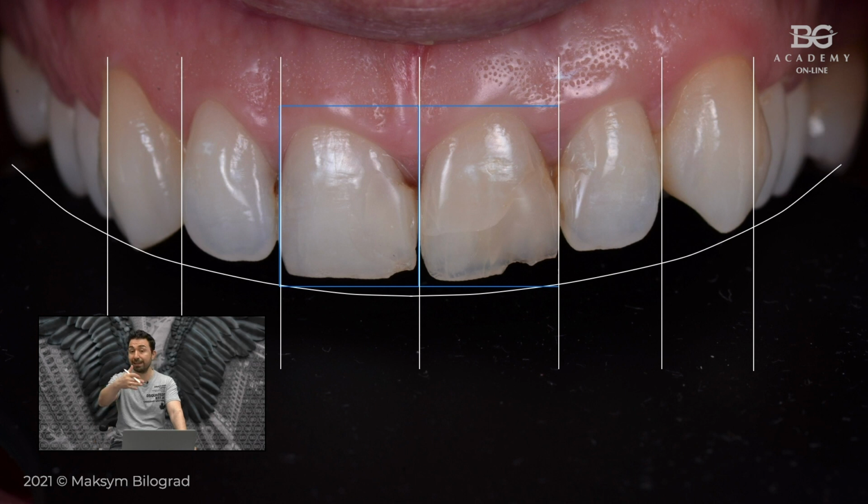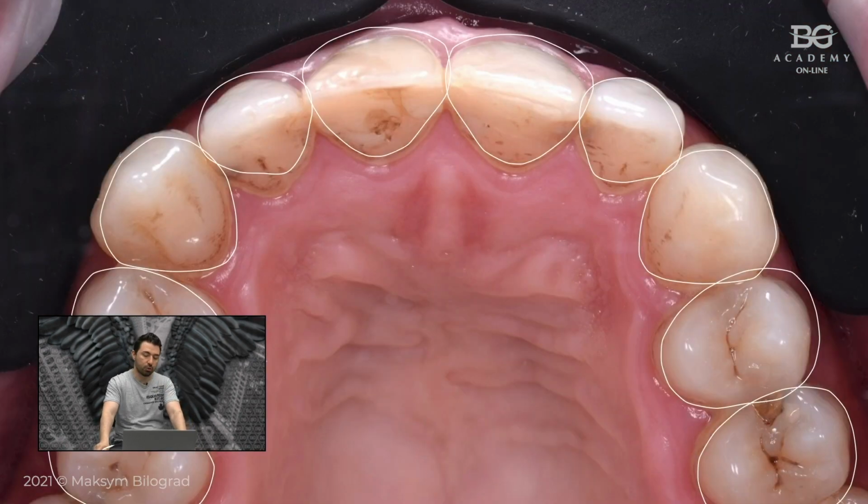We are not changing the length actually. So from the length point of view and proximal point of view, this is a non-aggressive case at all. The only thing is the canines from the vestibular aspect. So we asked our dental technician to do the wax-up, and then we proceeded with treatment.